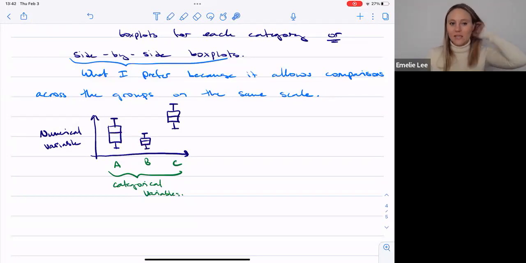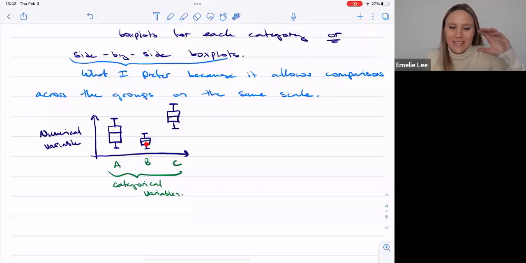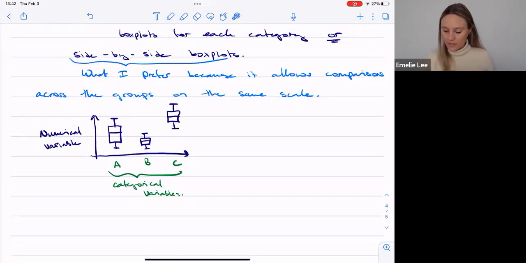I can say things like, oh yeah, all of the data in category B is less than even the minimum in category C. That's a huge observation, right? And so now I can compare these different numerical groupings by the categories. Okay, so that's good.